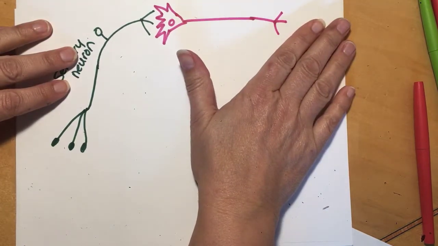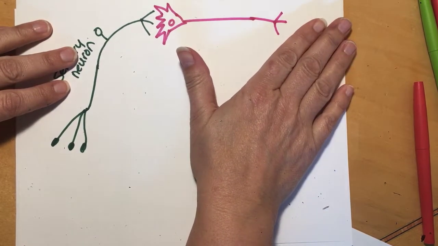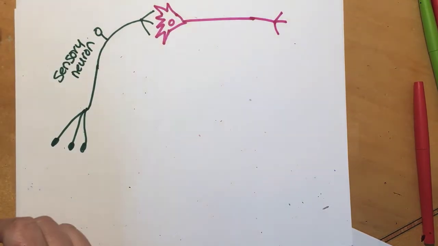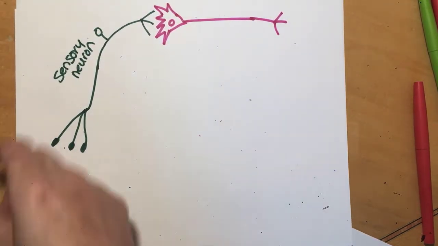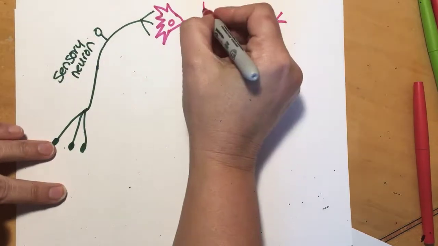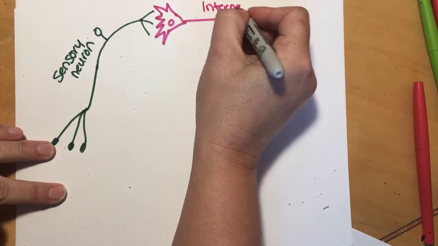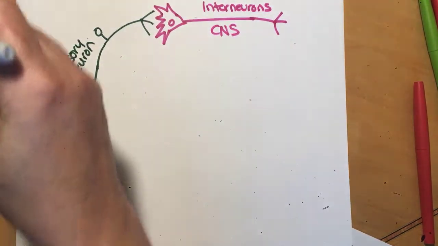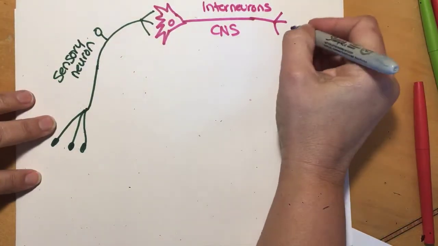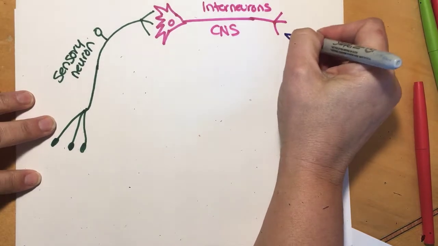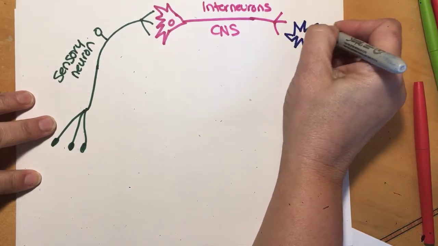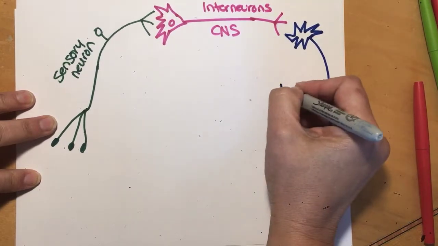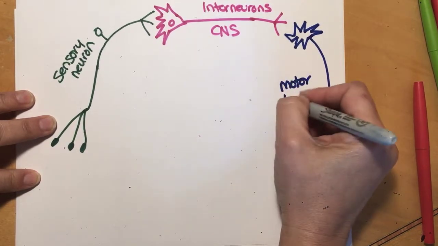Do I like my hand here or does it hurt? Do I need to move it? Am I going to be damaged? Do I want to pick it up? All of those decisions are made by the interneurons of the CNS. The interneurons are then going to send out information and directions to the motor neurons.